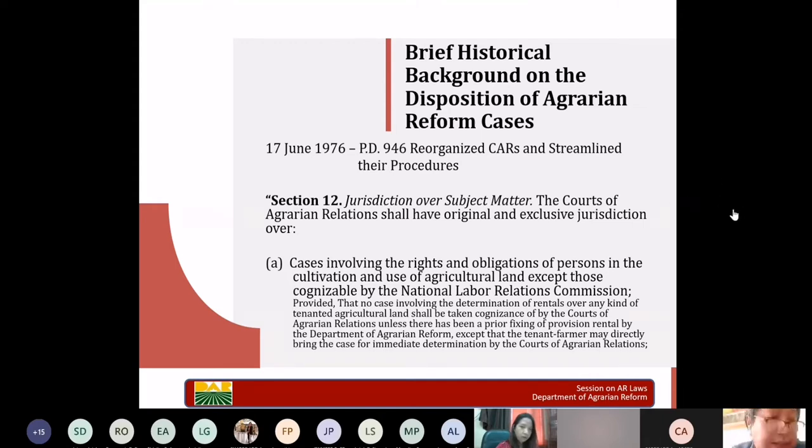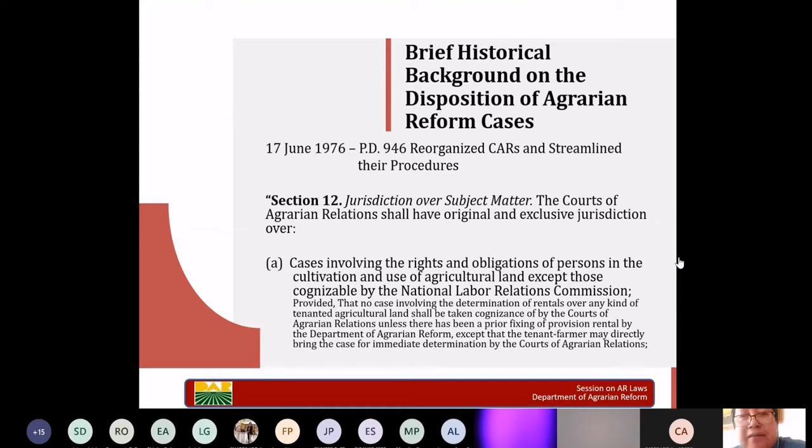So 5 years after that, PD 946 was issued by then President Marcos. Under PD 946, the courts of agrarian relations were reorganized and their procedures were streamlined. So under Section 12 of 946, under paragraph A, the courts of agrarian relations were given the jurisdiction to adjudicate issues involving the rights and obligations of farmers on lands under their cultivation.